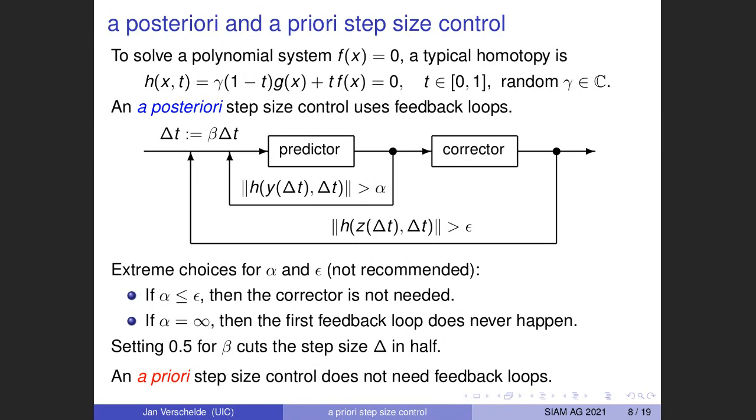But by the way, if you think about making your own path tracker, one common mistake that novices typically make is to allow too many corrector steps. So this is how the feedback control loops work in an a posteriori step size control.